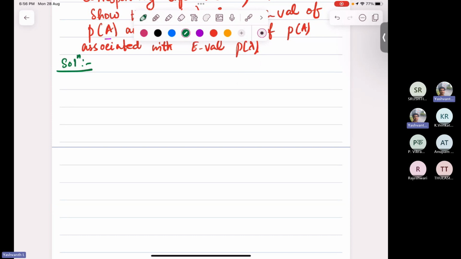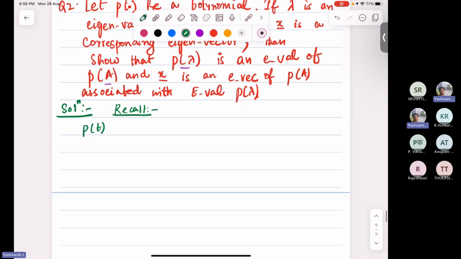So let me first recall what a polynomial is. I'm saying P is any polynomial, so I'm just writing a polynomial in t, where t is a scalar, t belongs to the complex numbers. What is the general equation for a polynomial P of t?